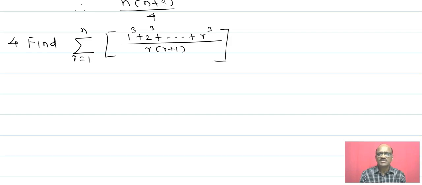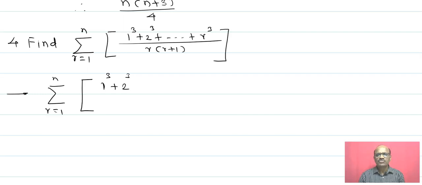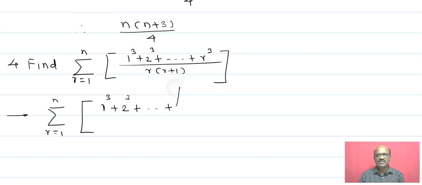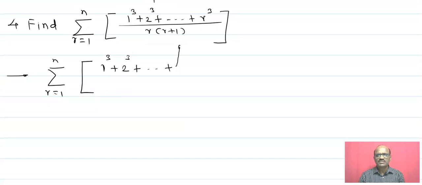Now again we will find out the internal sum, means that in the outside bracket there is a summation r is equals to 1 to n, but again there is one more summation in the internal square bracket, that is 1 cube plus 2 cube plus up to r raised to 3.